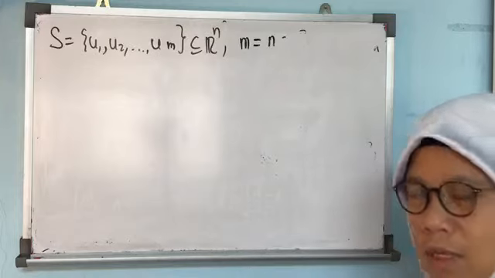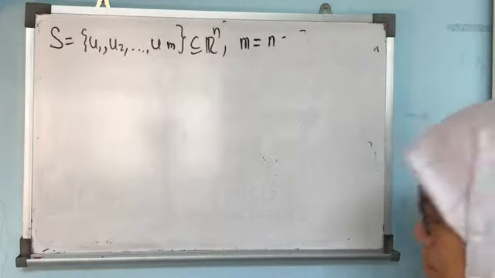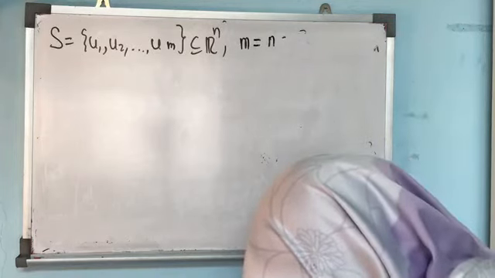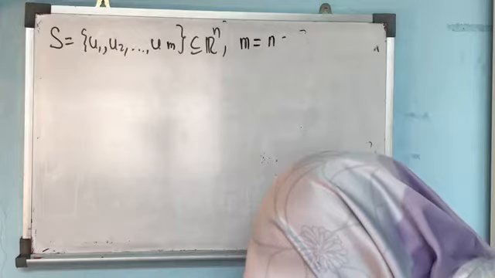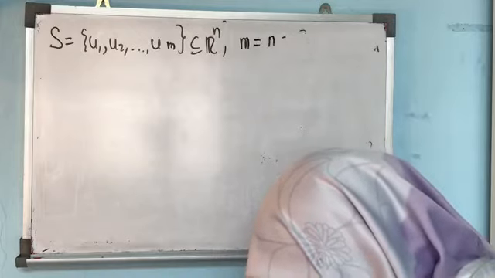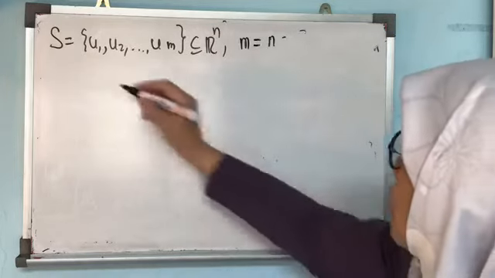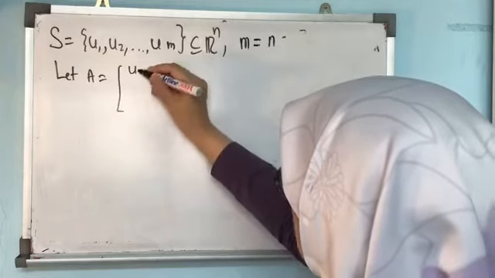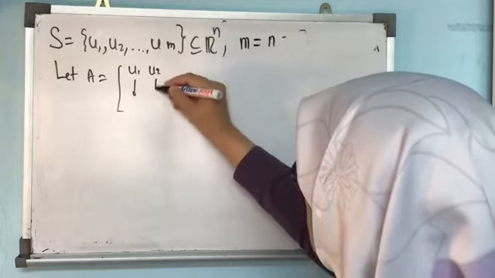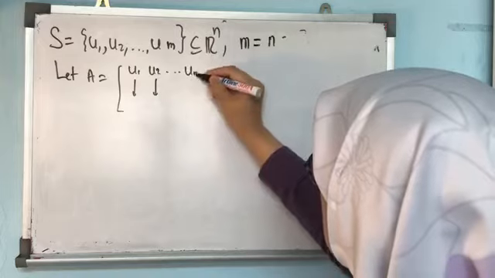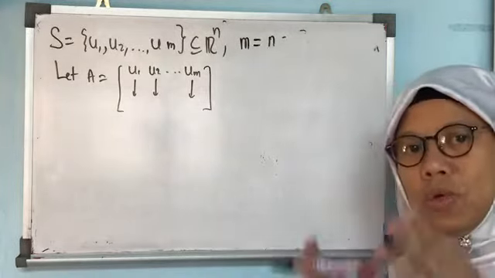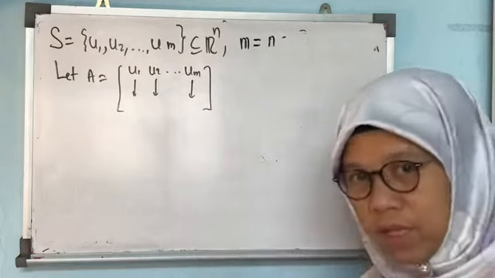So how do I write this? Let A be the matrix U1, U2, up to UM. So every single U you write as a column vector.